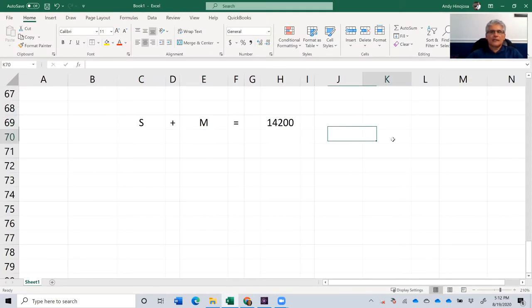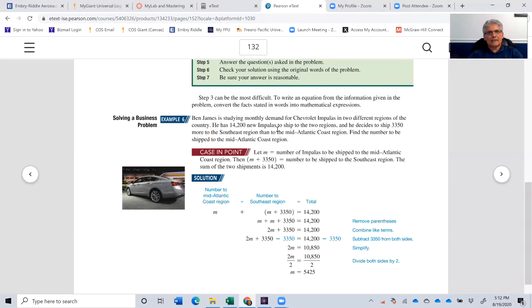So off to the side here, we really have an equation that helps us take this unknown variable and put it in the same terms as M. And how does it do that? Whatever we ship to the Mid-Atlantic, we're going to put 3,350 more to the Southeast region.